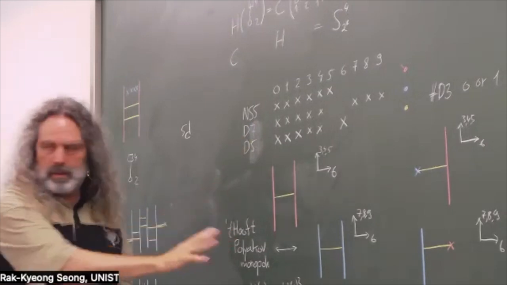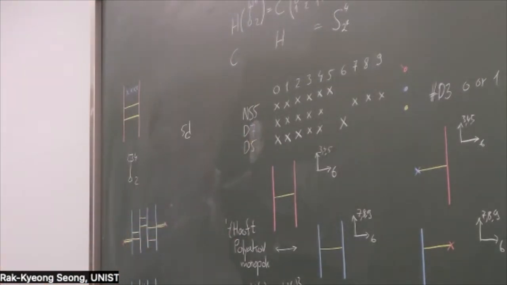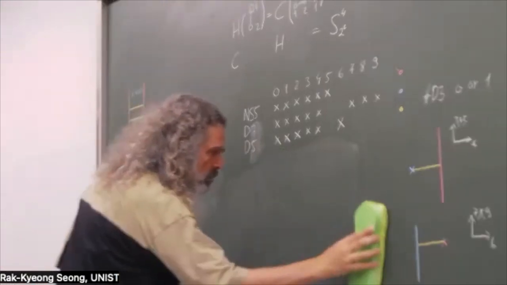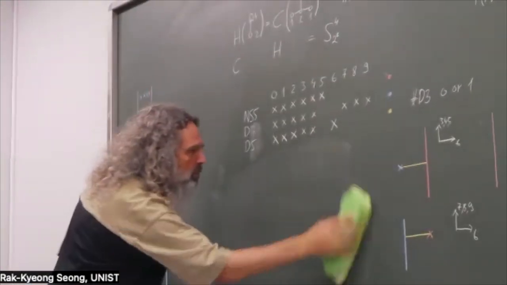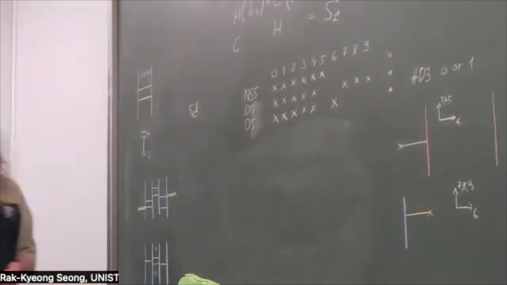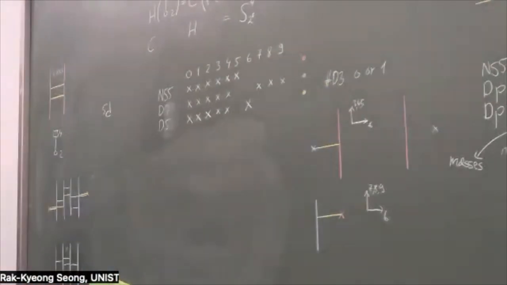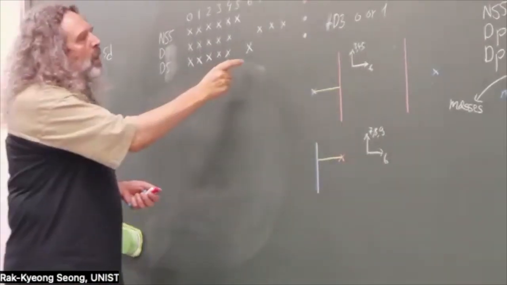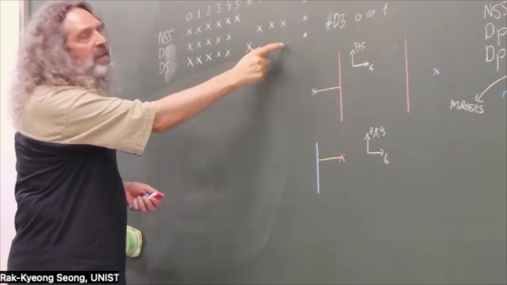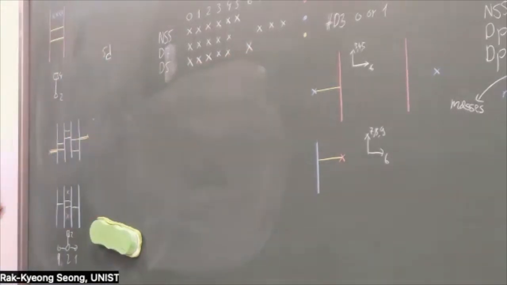And I'm going to erase this stuff. Again, I'm going to write down 2-dimensional projections, but I don't have much of a choice. I have 5, 6, and I have 7, 8, 9, and 6. So let's take a simple configuration.